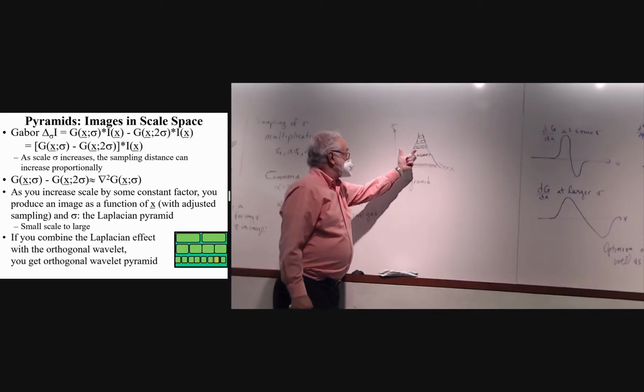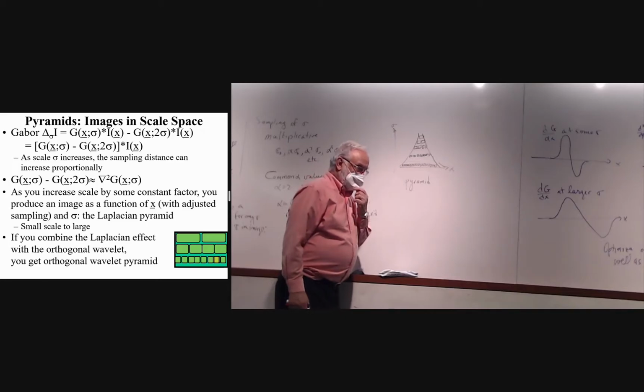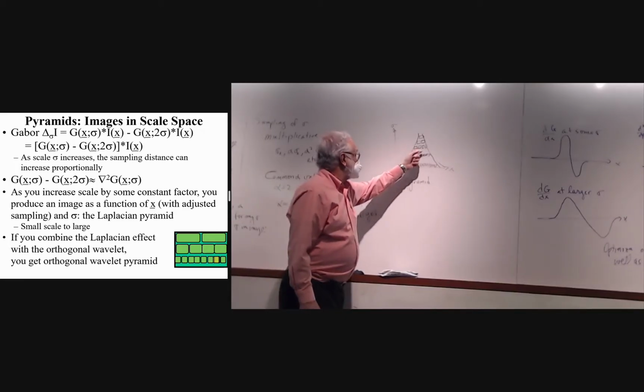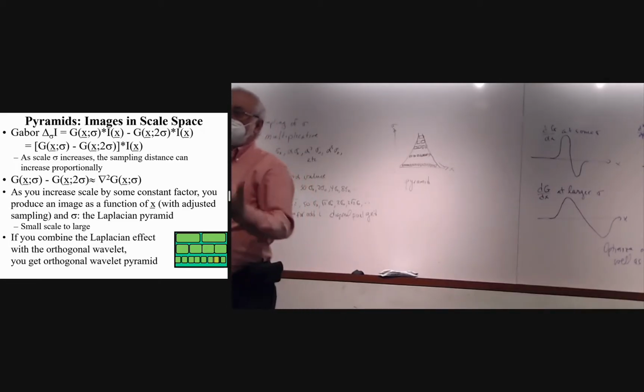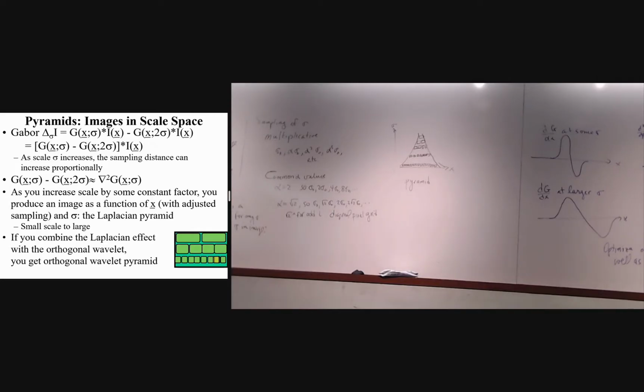And if you are going to halve the scale again, then you need 4 samples in x and in y, and that covers the whole image. So it's the same sort of picture that we saw with the orthogonal wavelets if we're doing explicitly binary sampling.